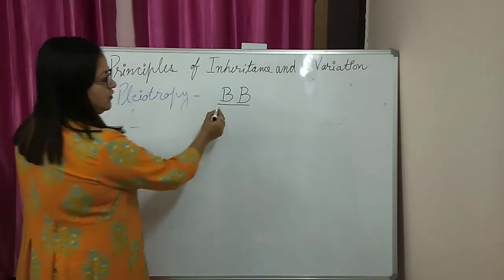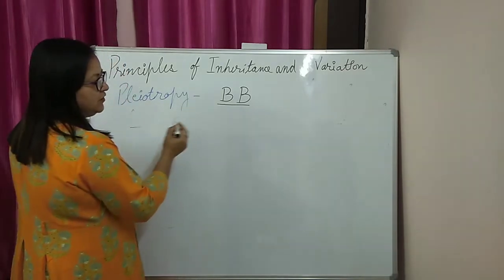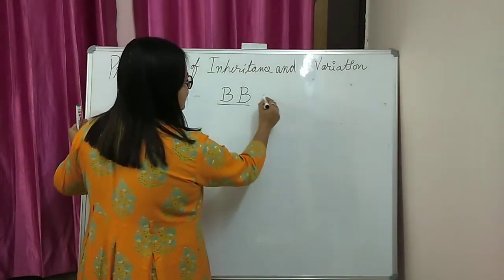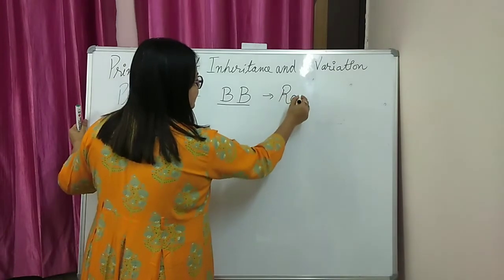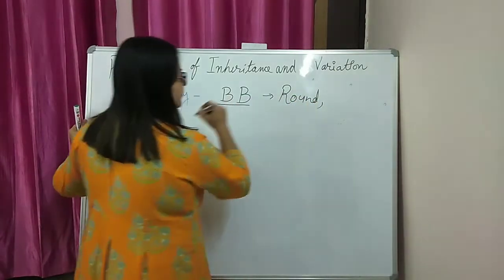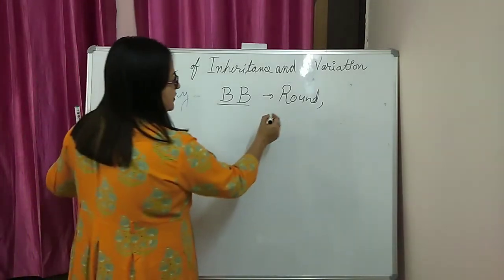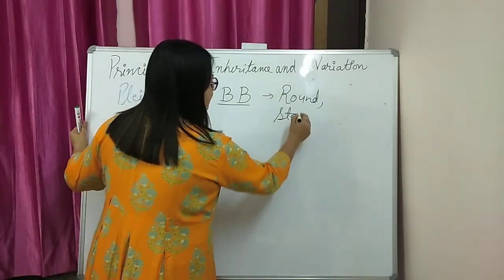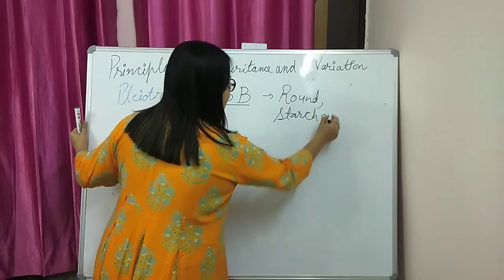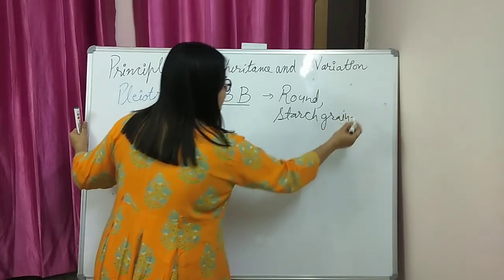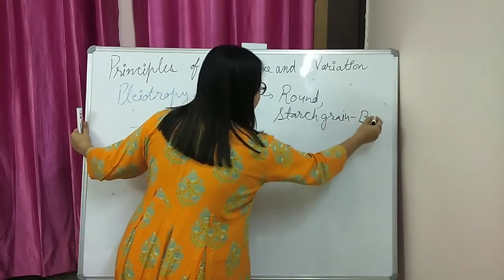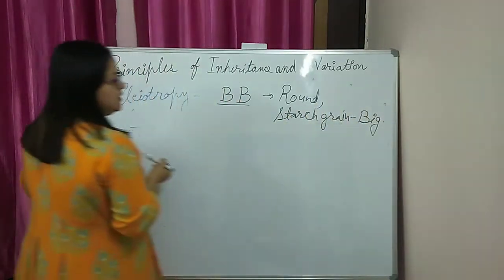In case of capital B, if we talk about the seed shape, then it is round, and if we talk about the starch grain size, then the starch grains are big. They are bigger in shape.